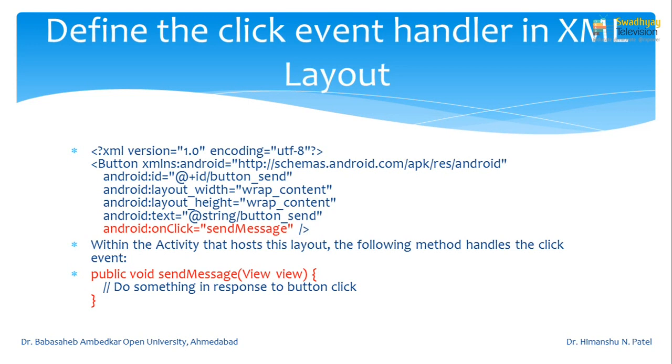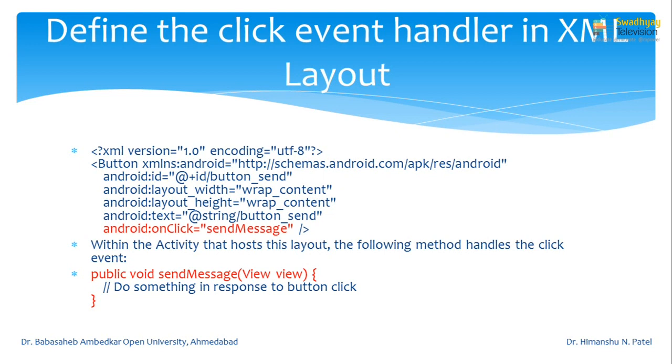For example, when this button is pressed, this public void sendMessage(View) is called, and inside it we do something in response to the button click event. If I want to show that the button is clicked, we have to write code for that inside this sendMessage method. So, this is how you can define the click event handler in XML layout.